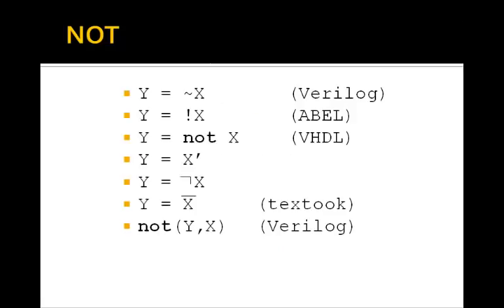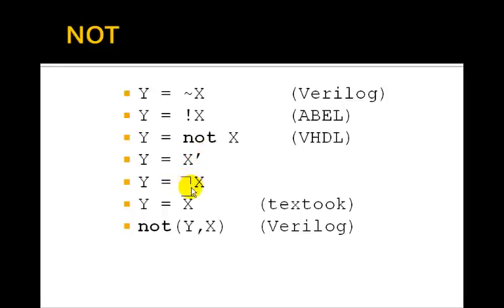Here are some other ways of writing the NOT. We've seen in Verilog it's the tilde. In ABEL, another earlier hardware description language, it uses the exclamation point for NOT. VHDL, as we saw, uses NOT, the word. Sometimes you'll see a little tick following X to indicate NOT.